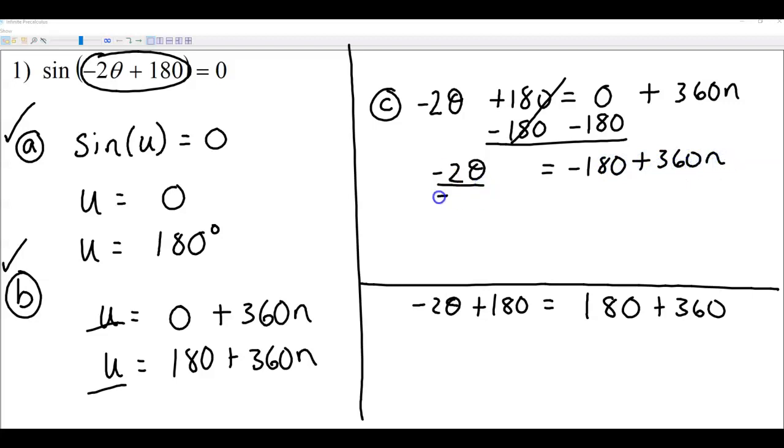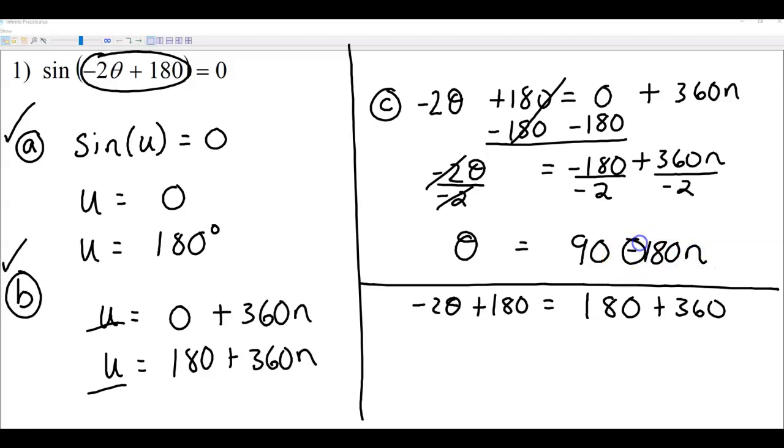Next, I would divide everything by -2. That gives me 90 and minus 180n.